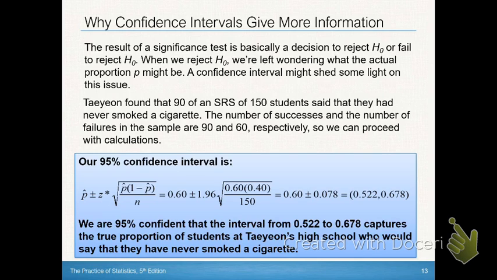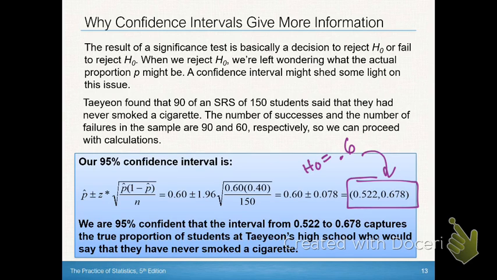Now, if we had done a significance test for this, remember we looked at earlier things that were in the interval or not in the interval. So if we had done a significance test for this, where our null hypothesis was something like 0.6, since 0.6 is inside of that interval, then we would have failed to reject the null.